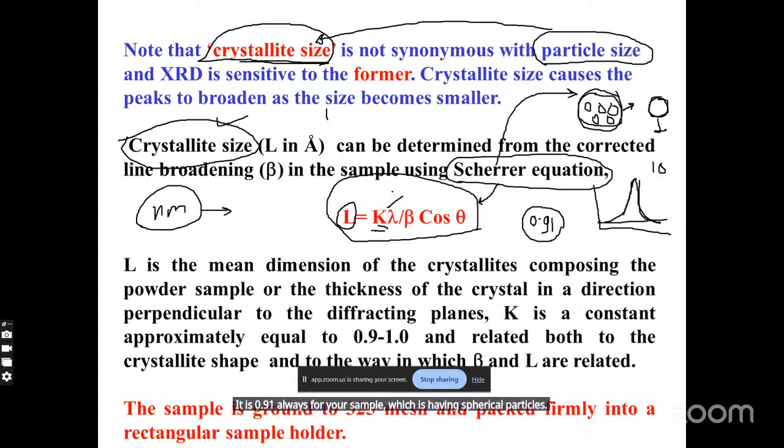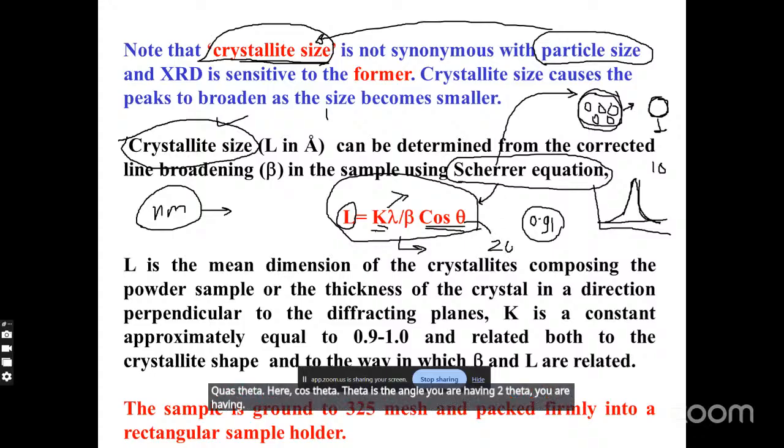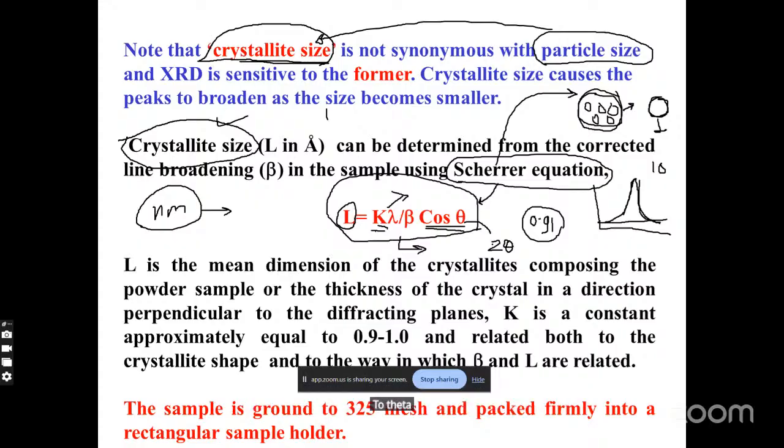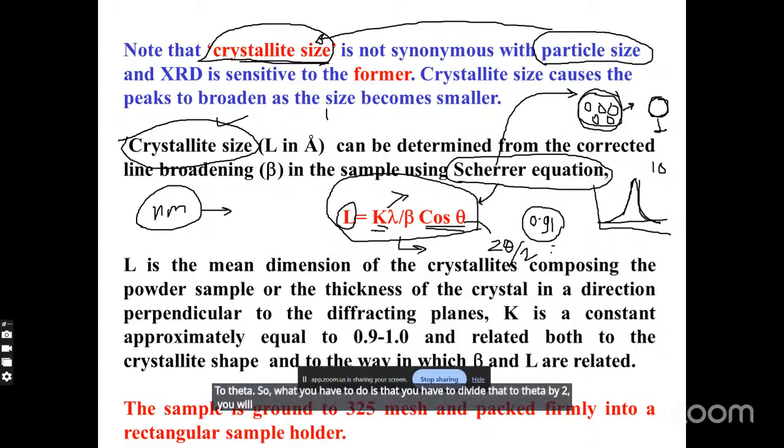Lambda is the wavelength of the X-rays you are using for the diffraction experiment. Theta is the angle: you have 2 theta, so divide that by 2 to get theta, and use the cos of that theta in this equation.